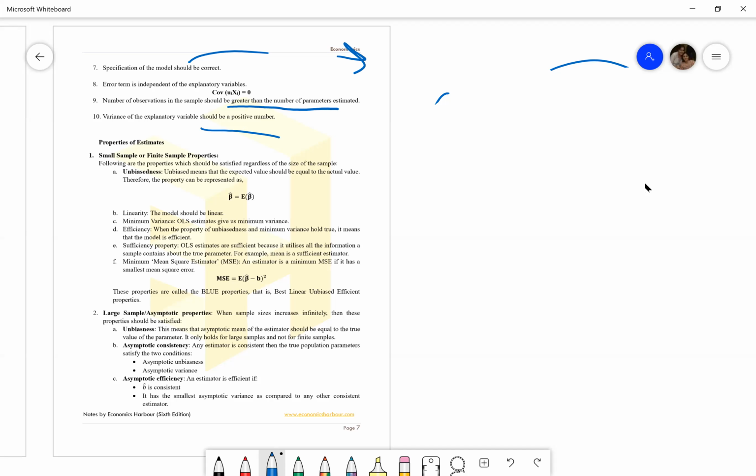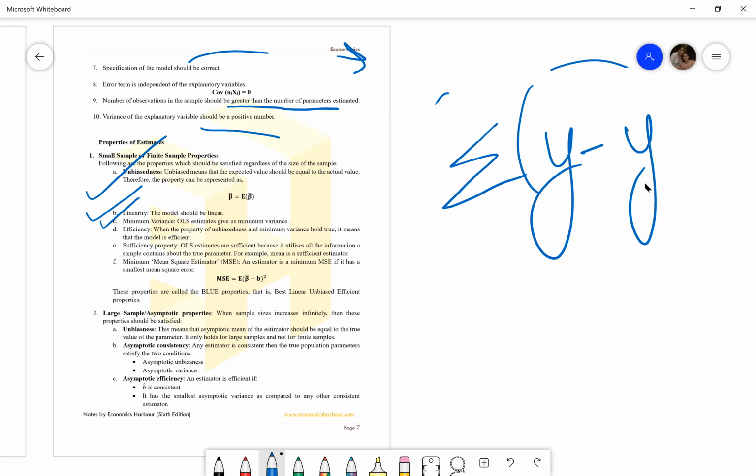Right? Okay. So this is your first property which should be satisfied. Then is linearity, that the model should be linear. Minimum variance, which we know that it should give you minimum variance. We have done this, y minus yi square. This should be minimum in your ordinary least square method.